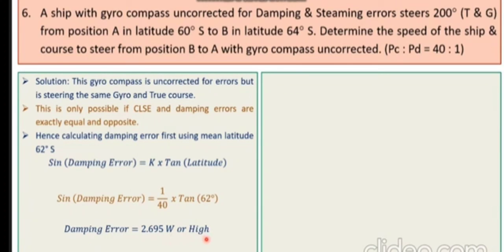The damping error is always west or high in the southern hemisphere. Now we know CLSE is exactly equal and opposite to the damping error, since the total gyro error is 0 here. So the CLSE or the steaming error will be 2.695 degrees east or low.